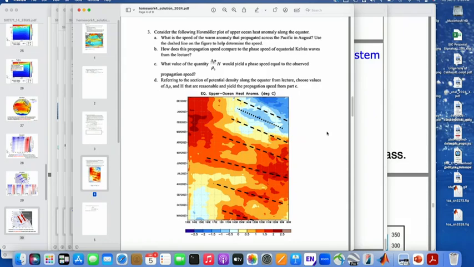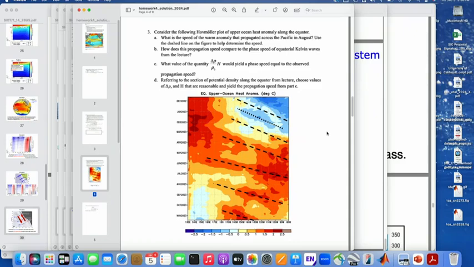This is what it looks like. Basically, you have a series of Kelvin waves starting early in the year, bringing warm water across the ocean from the west to the east.